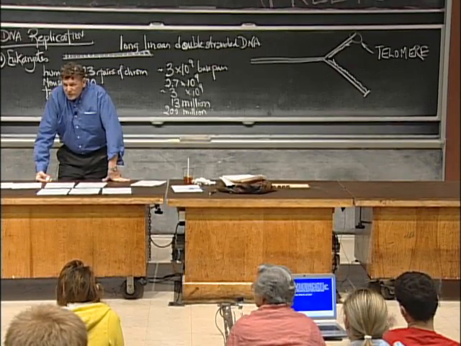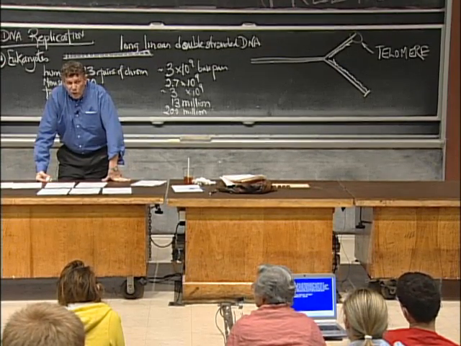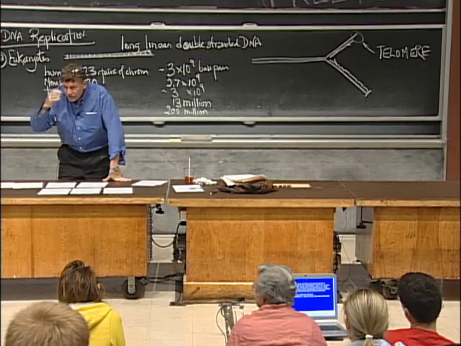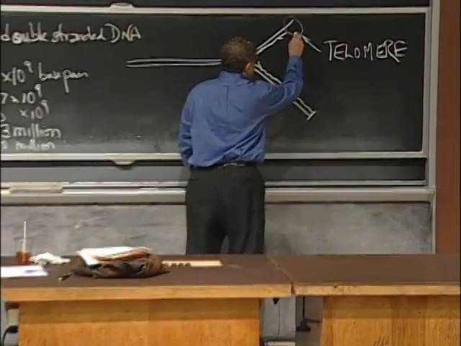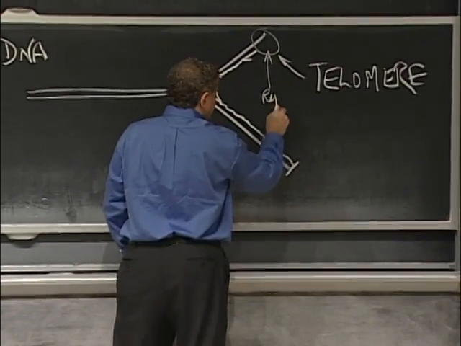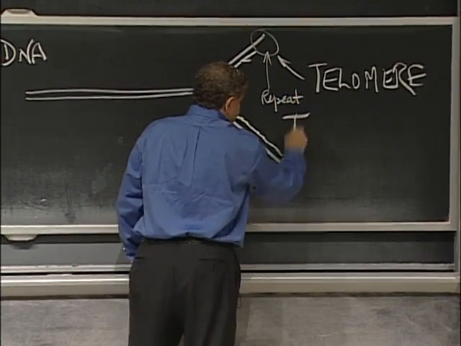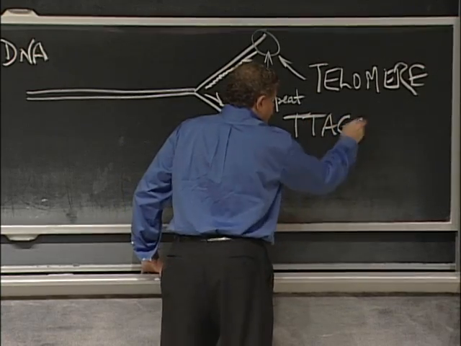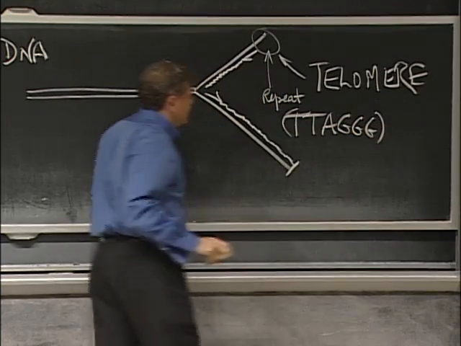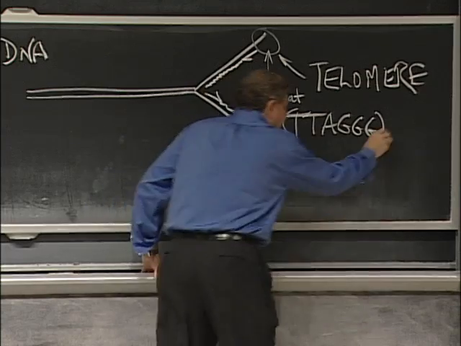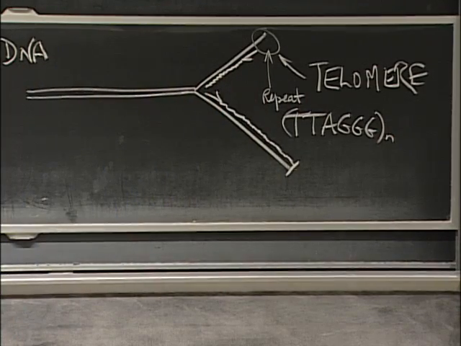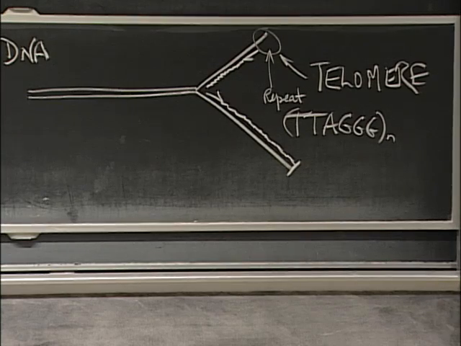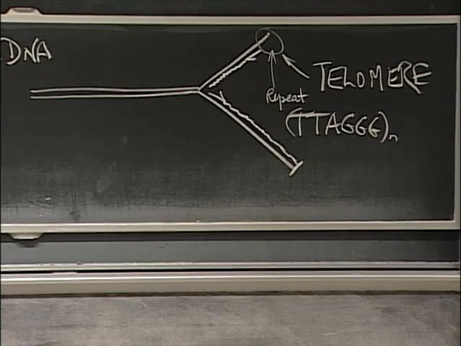Special mechanism, special enzyme that comes along and adds. There's a repetitive sequence that occurs out here, T2AGGG in humans, different things in other organisms. And there's a specific enzyme that comes along and adds back telomeres so you don't get in trouble failing to replicate enough stuff at the end.